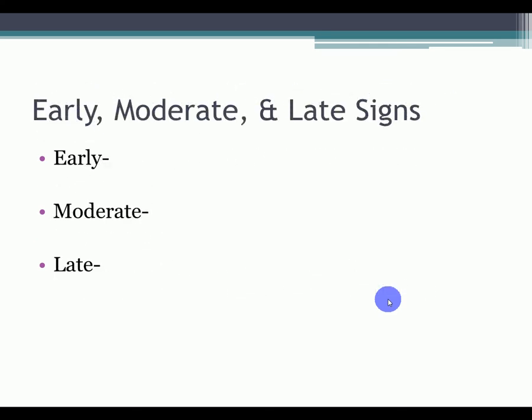Now, there's early, moderate, and late signs, and those are things that you need to be watching for. Early on, we may start seeing an increase in pulse and respiratory rate. Then, for moderate distress, we're starting to see increased restlessness and visible efforts to breathe.